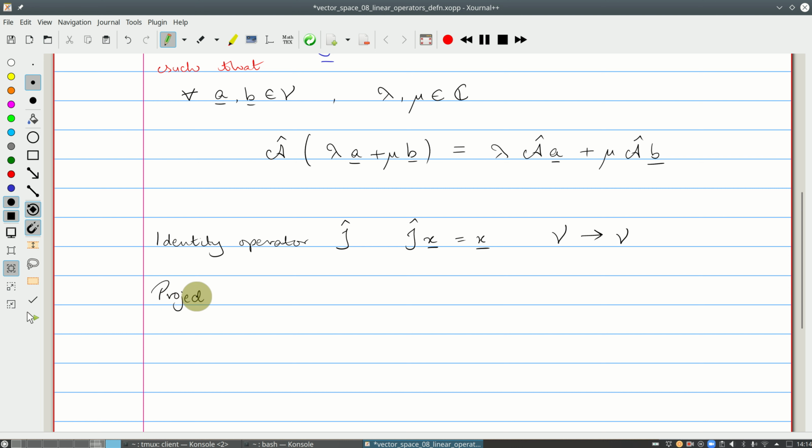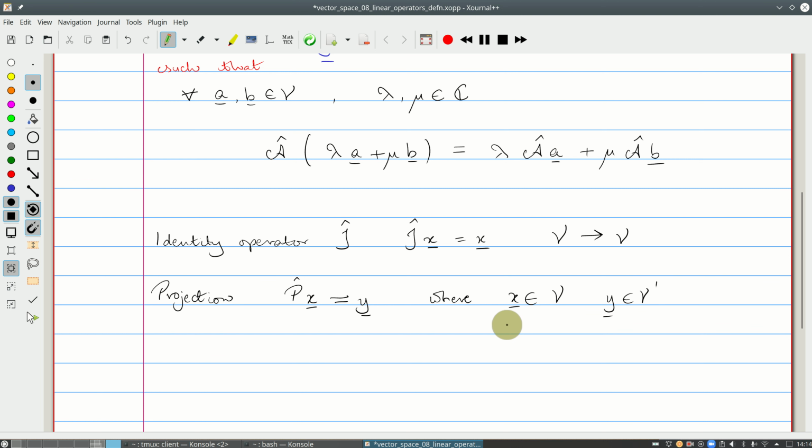And we'll call that P beta hat operates on x and gives us a y, where x would belong to V and y to another space V prime.